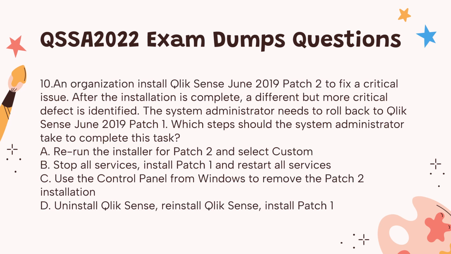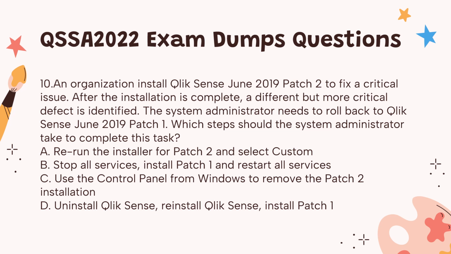10. An organization installs Qlik Sense June 2019 Patch 2 to fix a critical issue. After the installation is complete, a different but more critical defect is identified. The system administrator needs to roll back to Qlik Sense June 2019 Patch 1. Which steps should the system administrator take to complete this task?